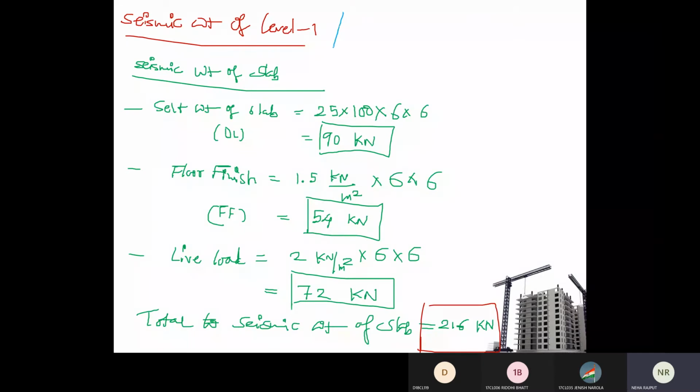Now this is for level 2. Is there any change in this calculation? Is there any change in self weight? No. Is there any change in floor finish? No. What about live load?